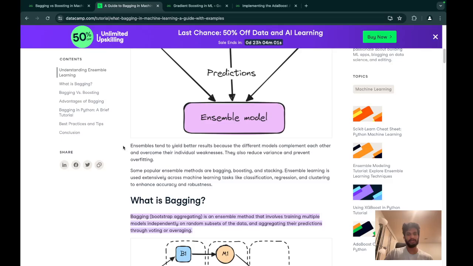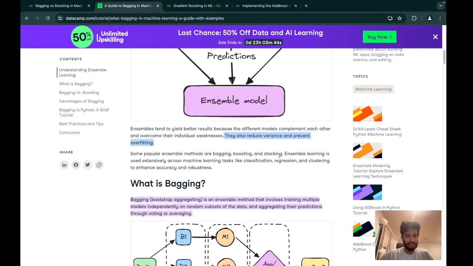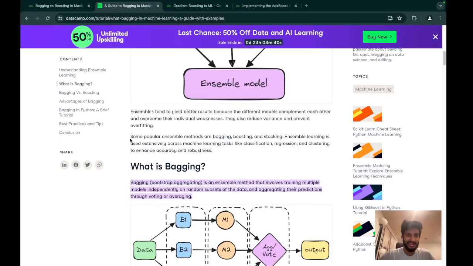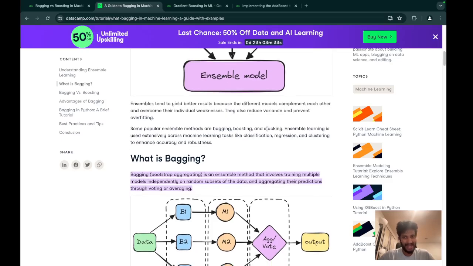Ensembles tend to yield better results because the different models complement each other and overcome their individual weaknesses. Interesting. They all keep saying this. They also reduce variance and prevent overfitting. But why? Some popular ensemble methods are bagging, boosting, and stacking.